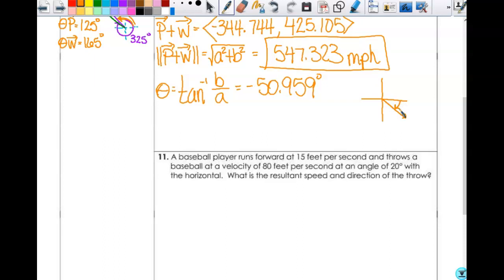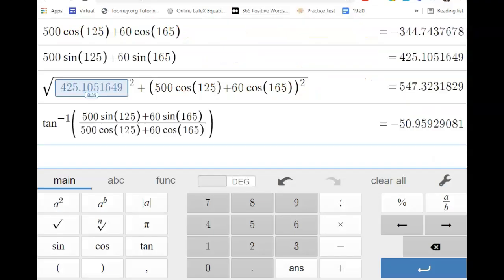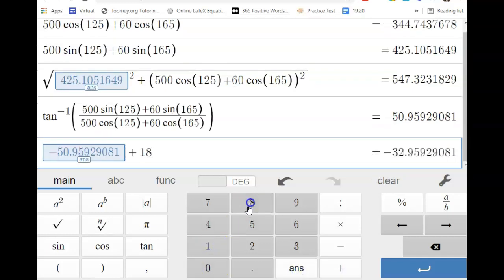But as always, that's not necessarily the answer that I want. I'm still thinking in terms of theta. If this is my vector, negative, positive, that means I'm pointing towards the second quadrant. So to get my second quadrant angle here, I would need to take this and add 180. So I'm going to go back to my calculator, use my answer plus 180.